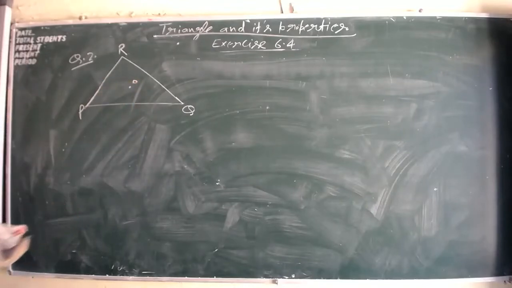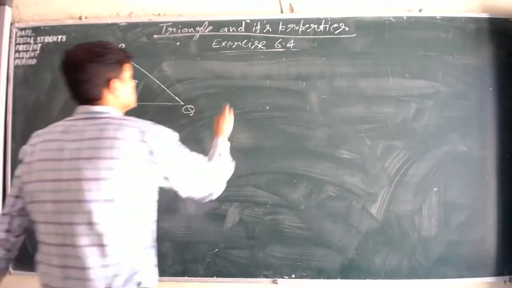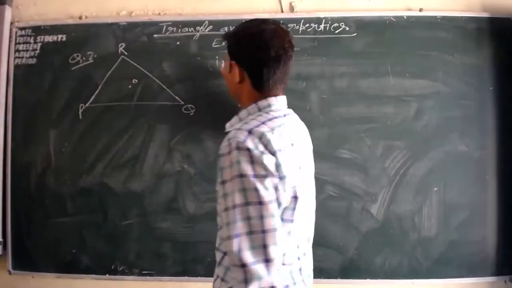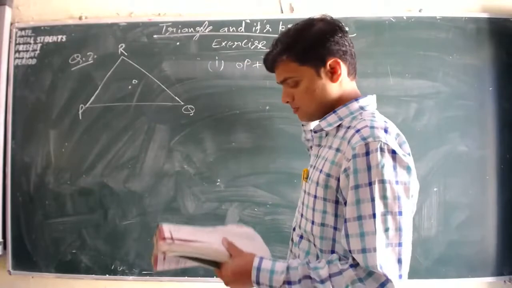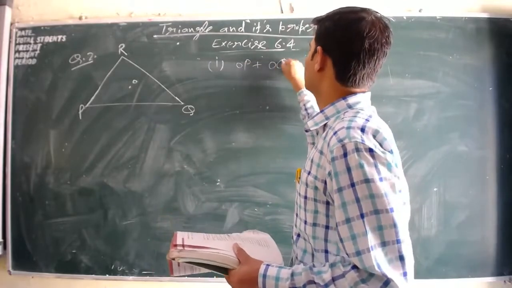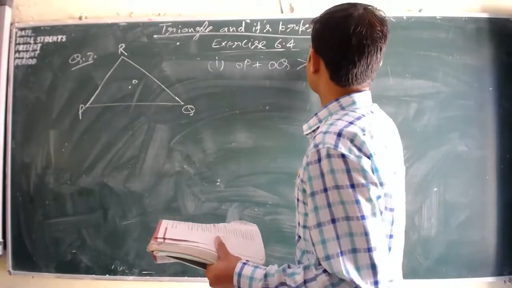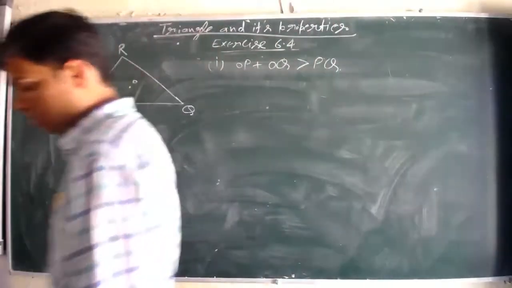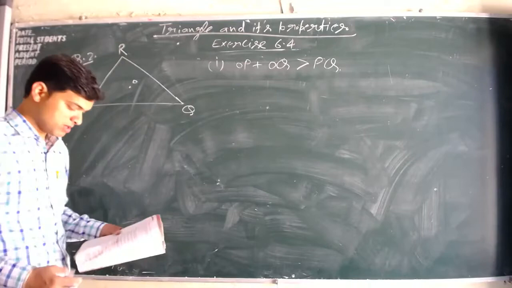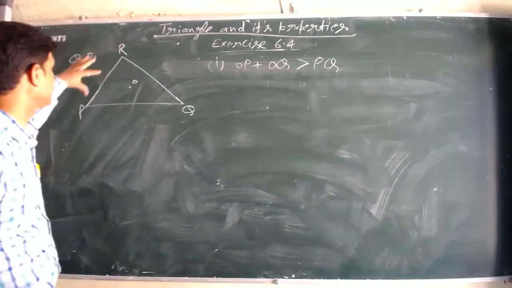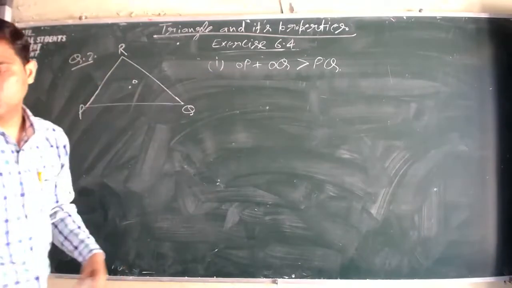Now they are saying that the first part of this question is that OP plus OQ should be greater than PQ. Is it possible or not? First, let's look at the measurements. PQ is in it, here it is. Now where are OP and OQ?